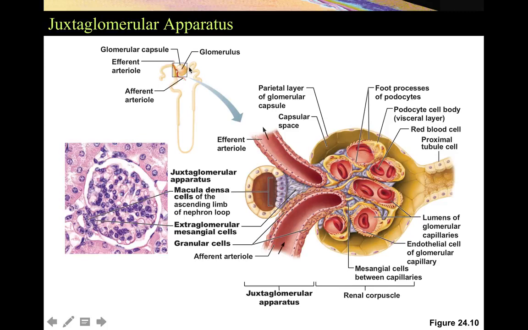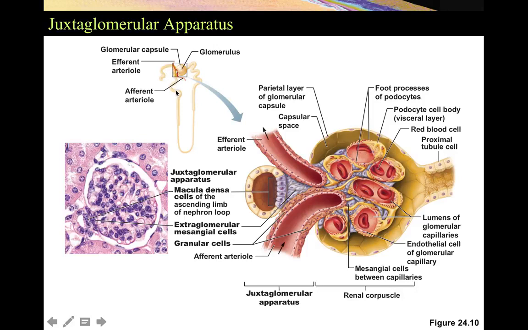Then if you continue, you see this part of the tube that is your proximal convoluted tubules, this region. Then you have your descending limb, fluid going down, then the ascending limb, and then you have the second part of the tubules, which you identified as the distal convoluted tubules.